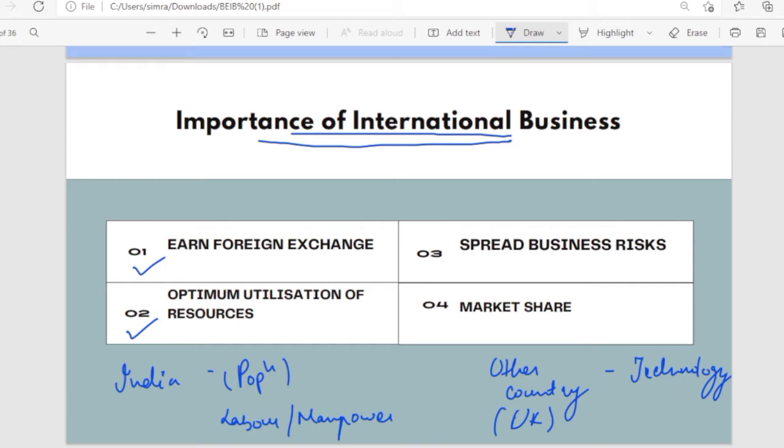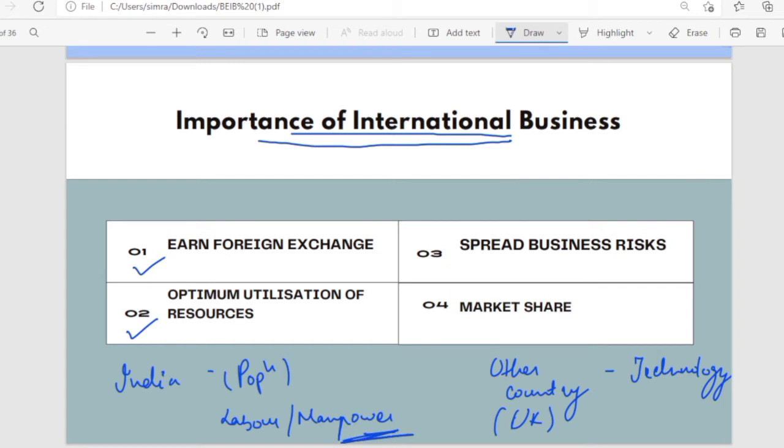So when these foreign countries have a need for higher manpower or labor, or people in general, what they'll do, they'll transfer part of their business into our country, just because we are having what? Manpower.